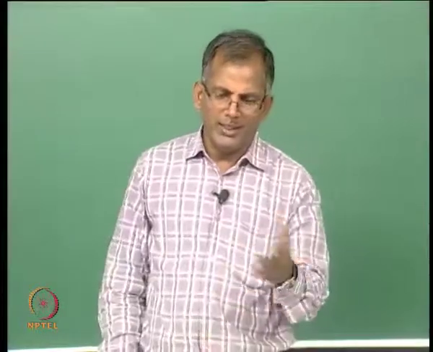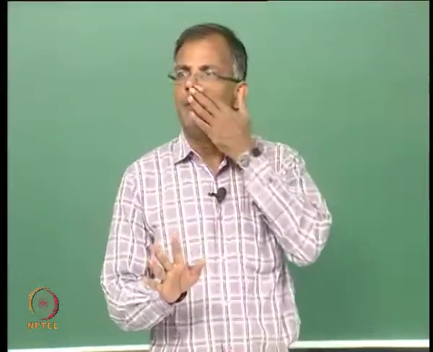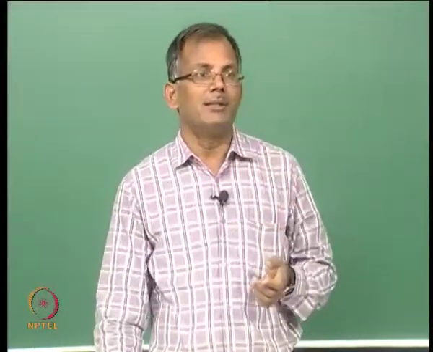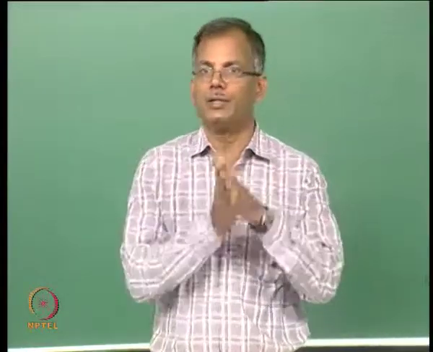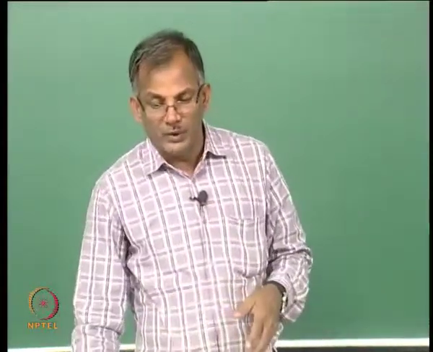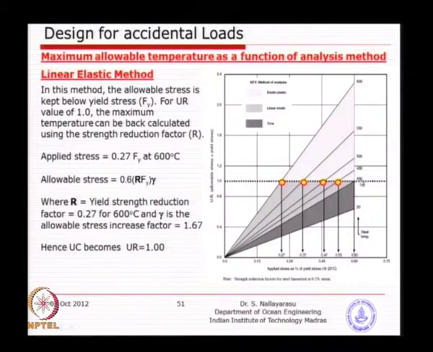The second one is the linear elastic method, exactly the same, only thing is the system analysis will take into account the average modulus of elasticity, and we do allow temperatures beyond 400 degrees. So, you can see here this is the 400 degree line, 450, 500, 550 and 600, all of them drawn in the same graph.